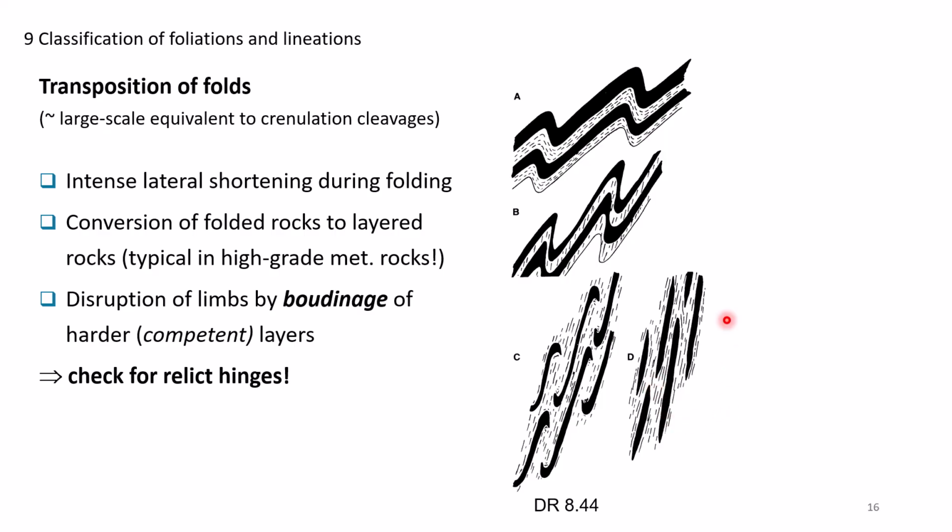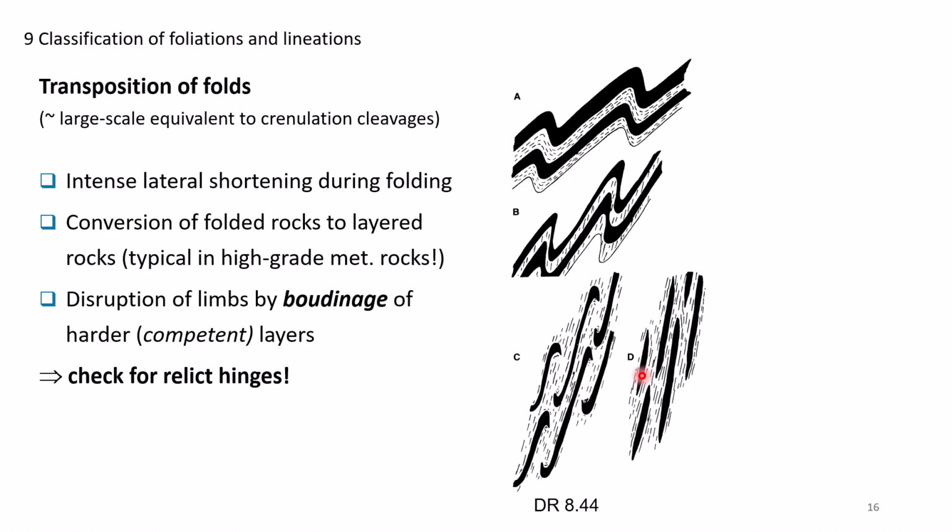Again, if you map out areas and you come across rocks like that, it would not be easy to identify from the evidence that you see here that this rock initially was an interlayered rock that underwent intense folding and underwent the transposition of these folds.